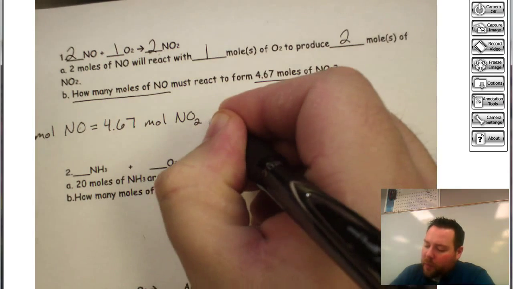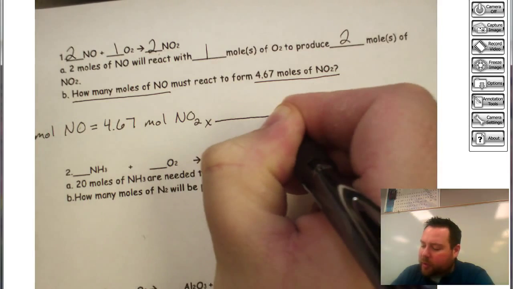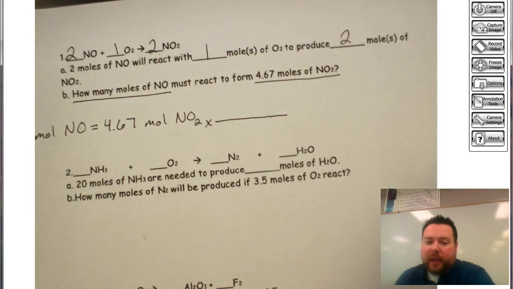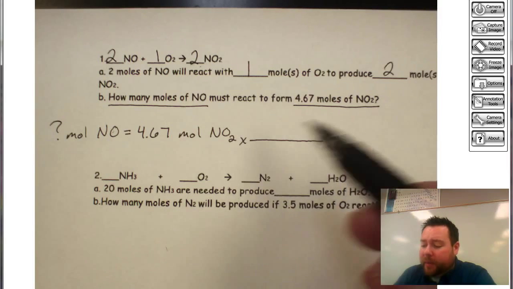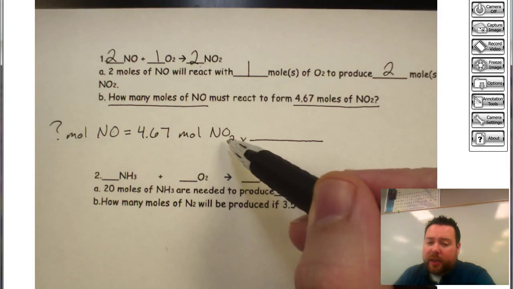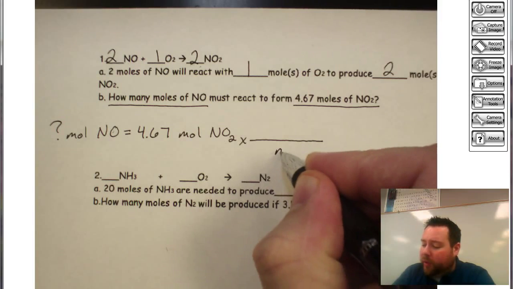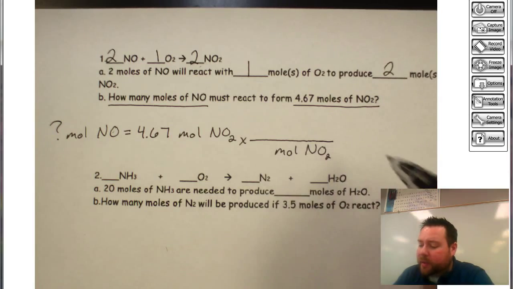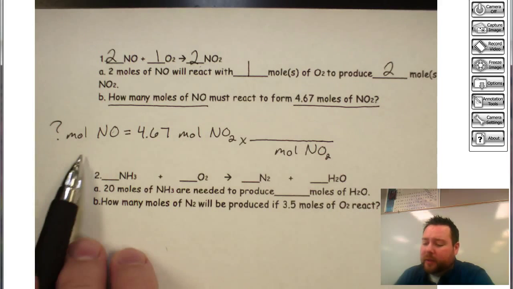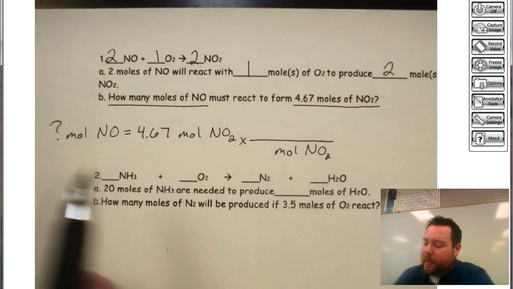One way to write this is just multiplying by a fraction. As we've discussed in class, the label that's going to go on the bottom is going to match the label that is just before it. So I know that moles of NO2 is going to go on the bottom because I want those labels to cancel out, so I'm only left with moles of nitrogen monoxide.